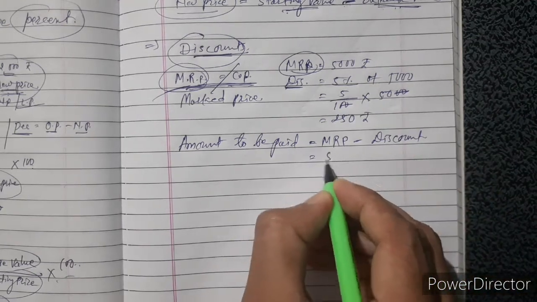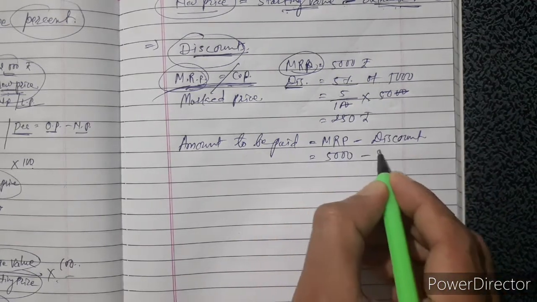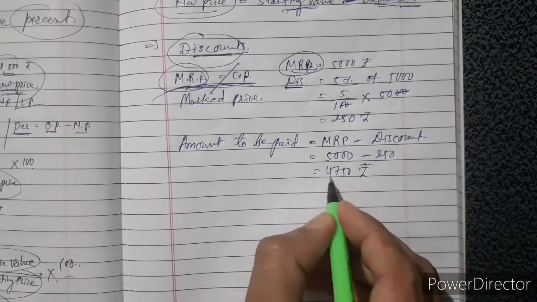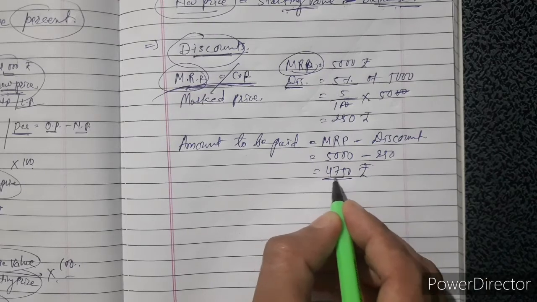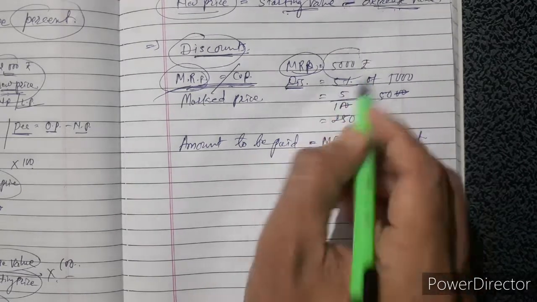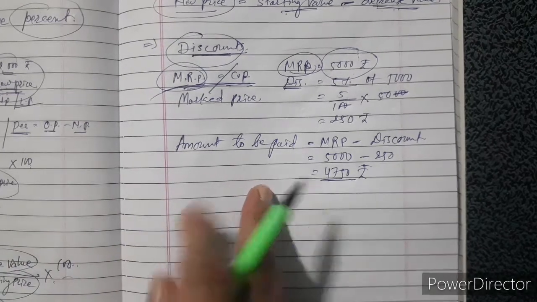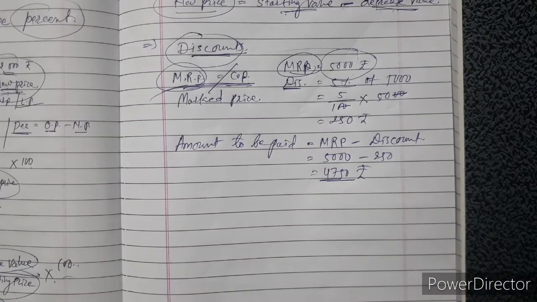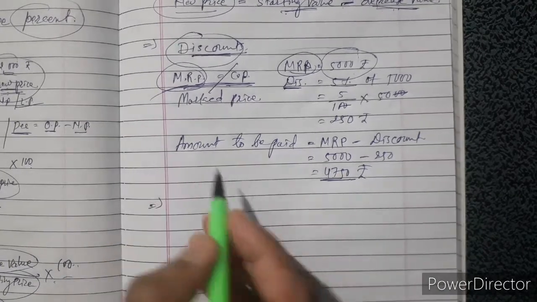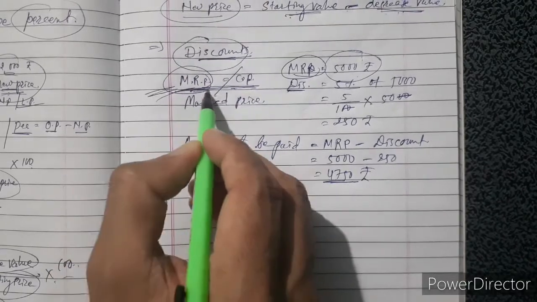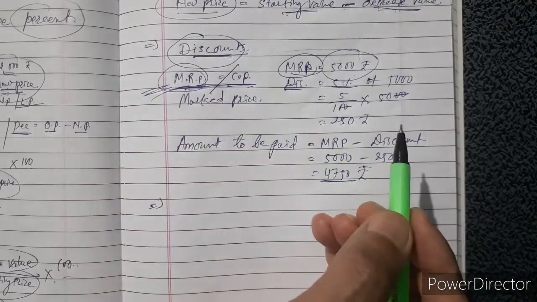So 5,000 minus 250 equals 4,750, meaning you just paid 4,750 rupees instead of 5,000 rupees. That is the 5% discount. You just calculate discount like that. Always calculate discount on the base of MRP, otherwise cost price.